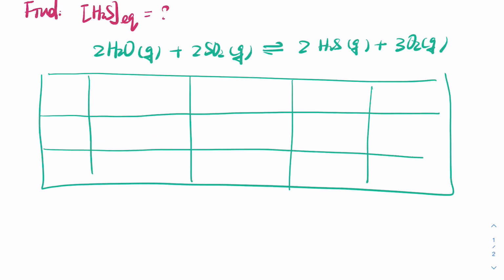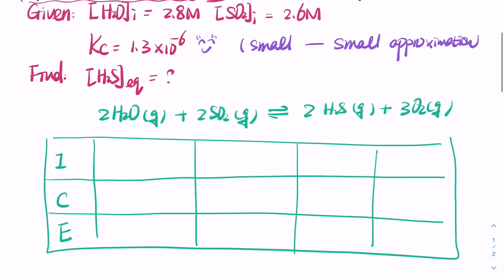So ICE: I represents initial. We already know the given concentrations, so you have 2.8 and 2.6. What's here, what are these two? If you're only given the initial of one side's reactants, then the other two are implied information.